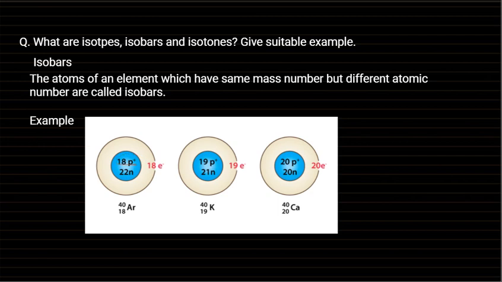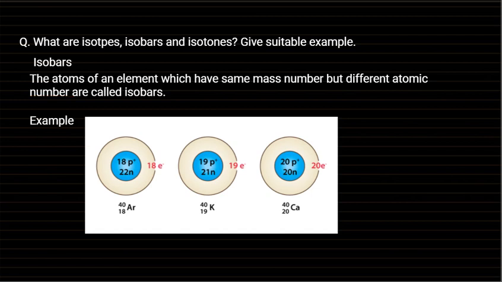The potassium has 19 protons. Calcium has 20 protons. So in the 3 cases, do the different elements have the same number of protons? No. So if they don't have the same number of protons, that means they have a different atomic number.